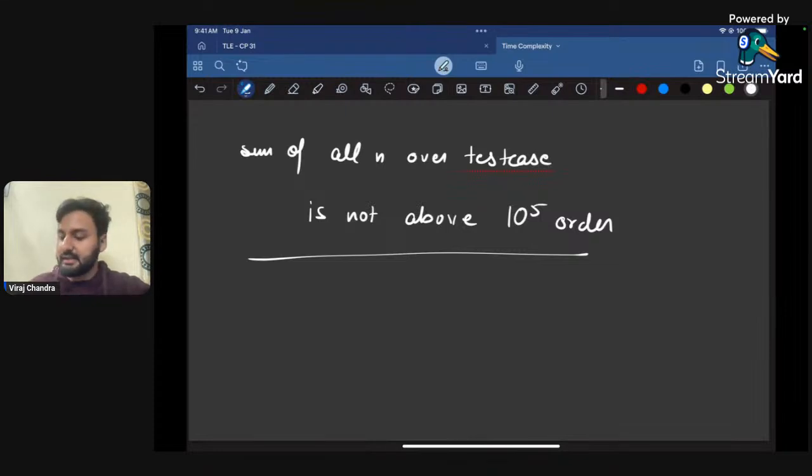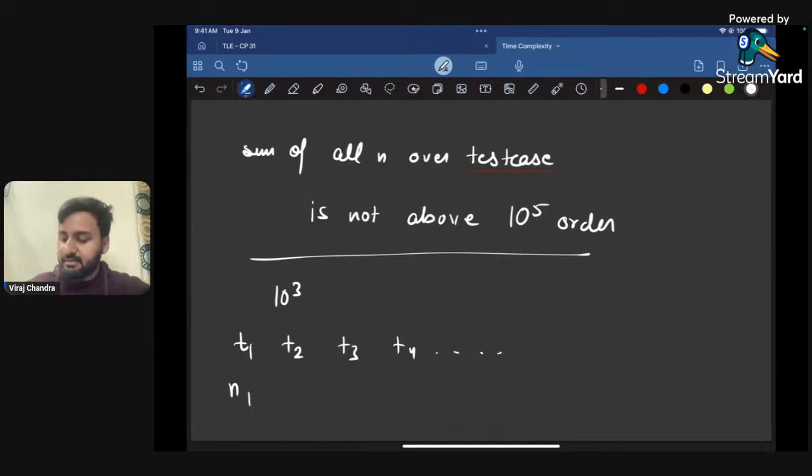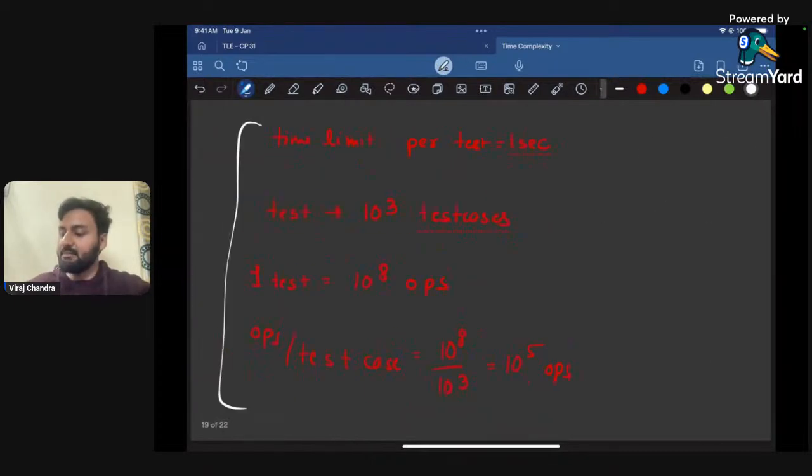What will this mean is, let's say you had 10 power 3 cases. So let's say this was test case 1, test case 2, test case 3, test case 4, and so on. Every test case has some n1, n2, n3, n4. If you add everything up, this is not exceeding 10 power 5 order. So now if you want to create a solution, don't create a solution that is on the boundary of every test case. Rather compare this with the test that is 10 power 8.